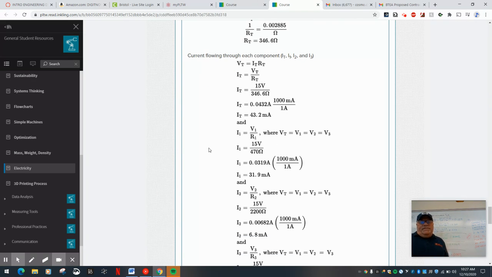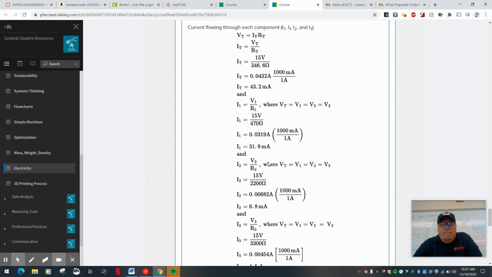And then we can find each current and make sure that it adds up by going through the steps, where voltage divided by R1, where VT is equal to all these. So here we have 15 volts divided by 470 ohms.